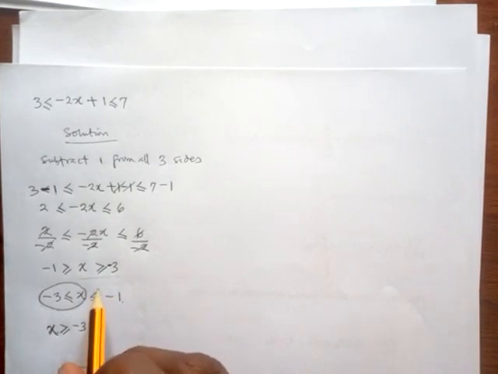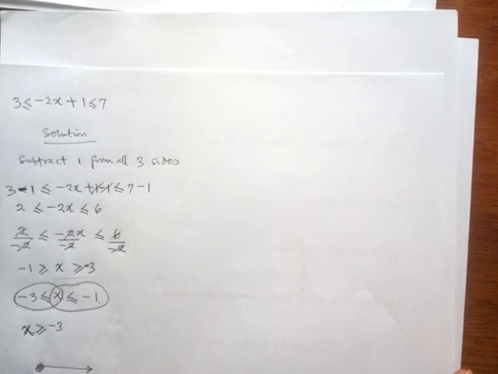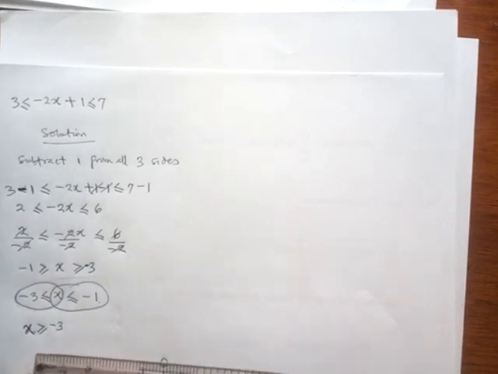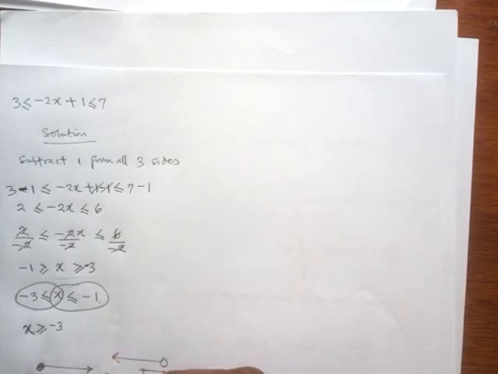Then when you talk about x is less than or equal to minus 1, take your number line 0, 1, 2, minus 1, minus 2. You come here, minus 1, and your line goes in this direction because it is less than. Now shade this because it is less than or equal to.